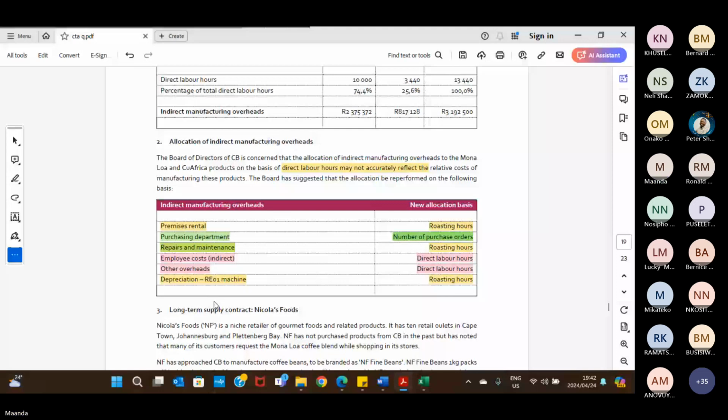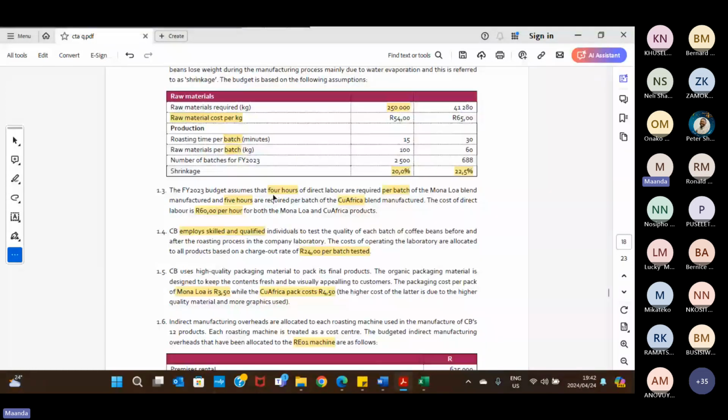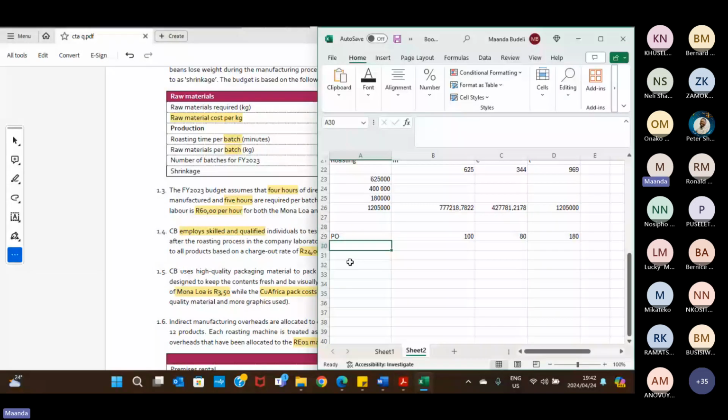And again, I was told it takes 4 hours. 4 hours of direct labor are required per batch. So if I'm required 4 hours per batch and I have 2.5 as my number of batches, the labor hours for M and N will be this one.